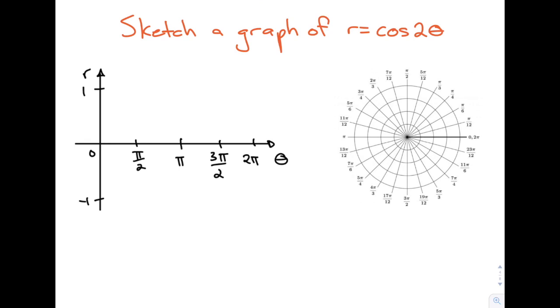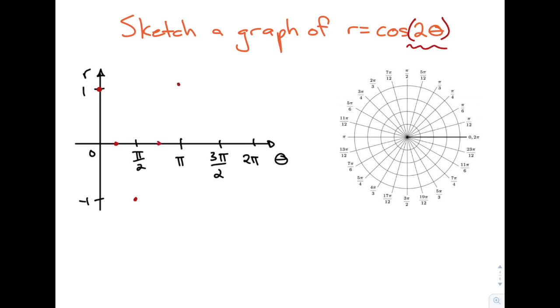So cosine we know starts at 1 when theta equals 0. That means it's going to go through one oscillation of the typical cosine curve in half the time, which means that we'll start at 1 at 0, we'll drop down to 0 at pi over 4, -1 at pi over 2, back to 0 at 3 pi over 4, and back to 1 at pi.